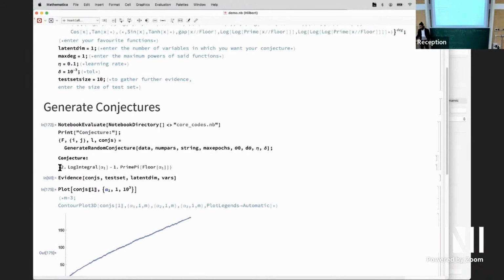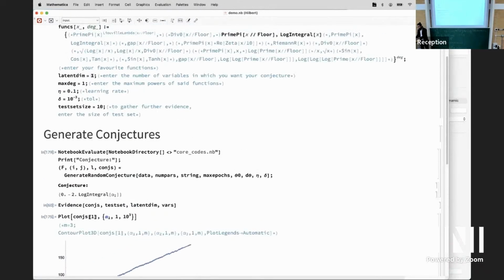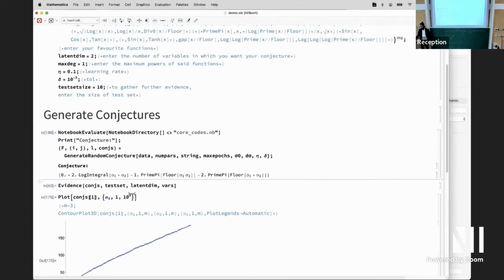What it's saying is that twice the log integral of x dominates the prime counting function, or is dominated by it. There's another one, but this one is trivial. Let's go to higher dimensions. All right, this looks interesting.